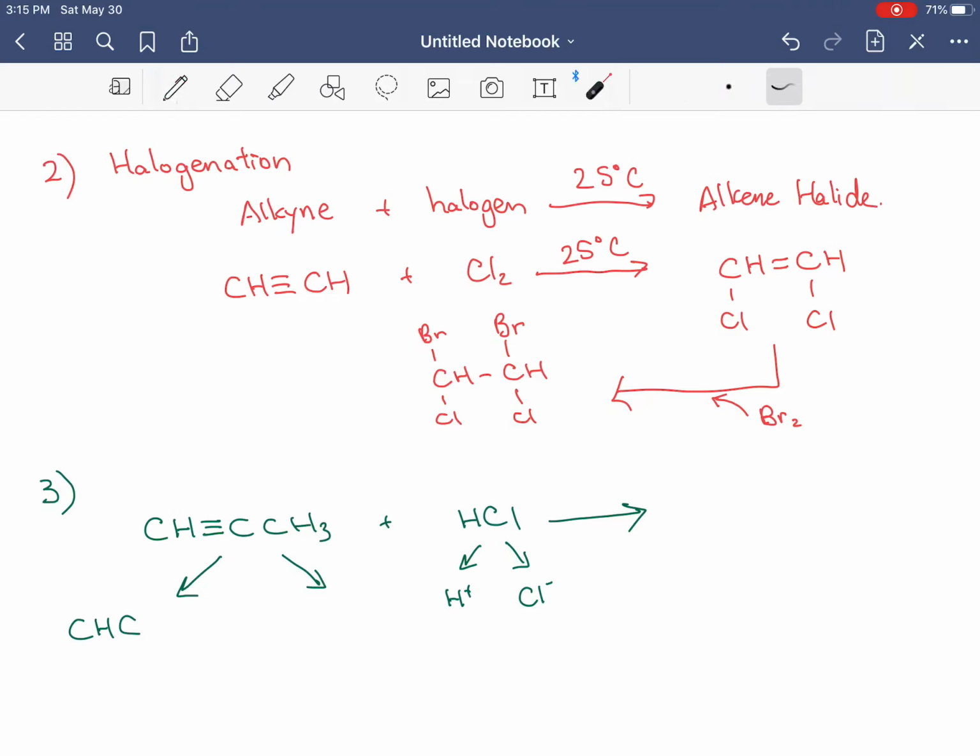Okay, let's say I want to hang with this carbon, making this carbon negative, making this carbon positive. Or I can make this carbon negative and make this carbon positive. There you go.